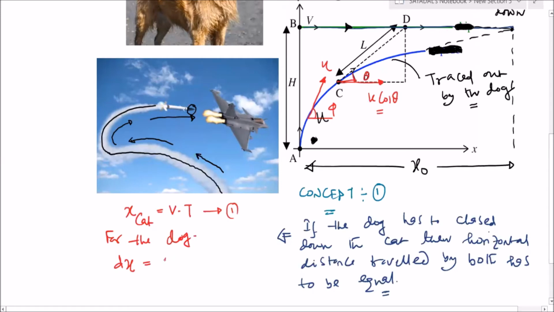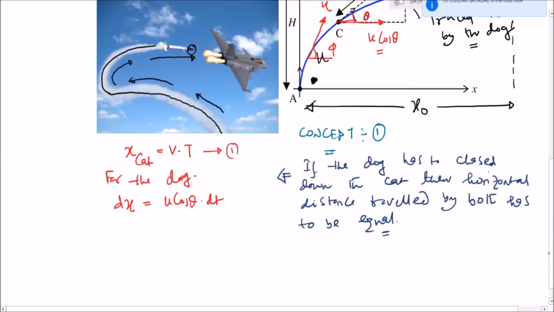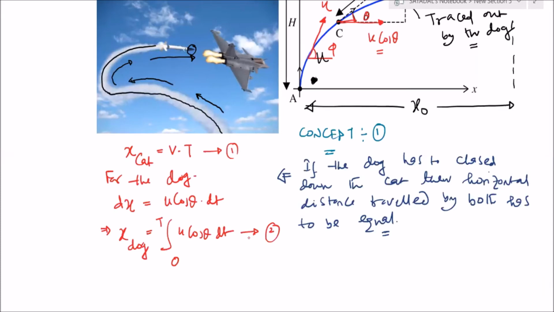So I have to write u cos theta into dt. This point is clear? So I can write x dog is equal to integration of u cos theta dt from 0 to capital T. This is equation number 2. These two lines are okay? Fine. All right.